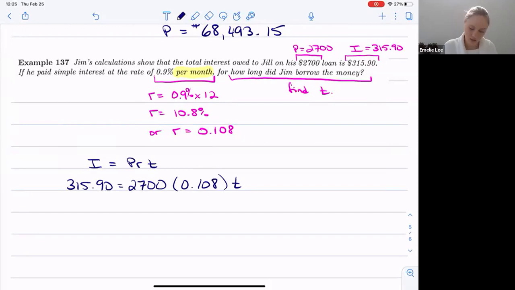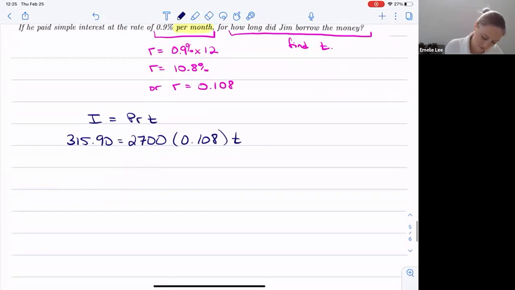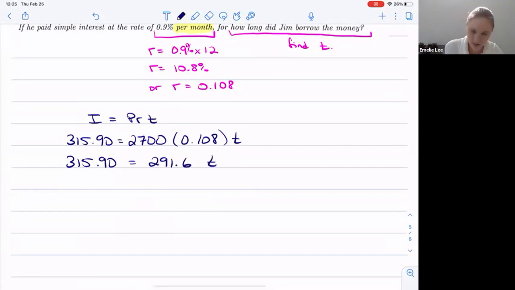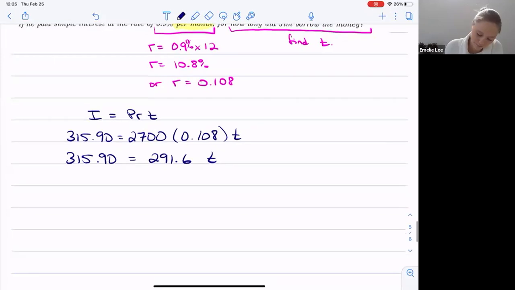So what I'm going to do is simplify this first before I divide it over. You don't have to. You could divide each of these over here, but that just feels like a lot of work. So 315.90 is 291.6 times T.